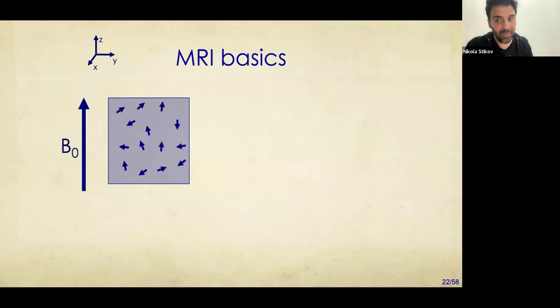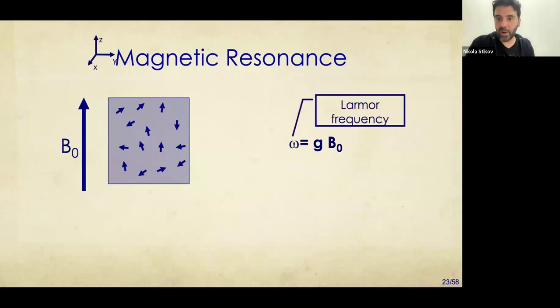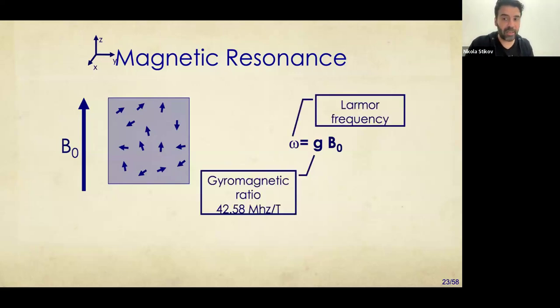It's parts per million, the effect, but it does generate precession where each of these magnetic vectors, each of these magnetic spins, precess around the B0 field, and they precess at a frequency called omega, which is the product of the gyromagnetic ratio and the main magnetic field.